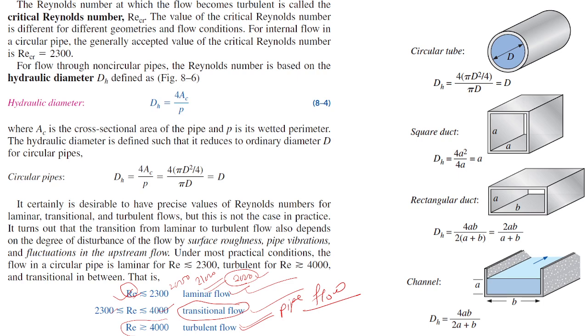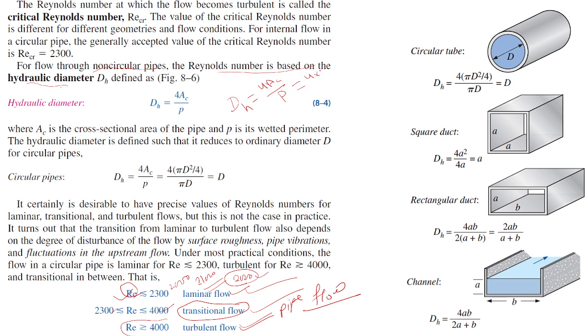Actually, for a non-circular pipe, the Reynolds number is based on the hydraulic diameter, that is DH, equal to 4Ac by P. P here is the perimeter.